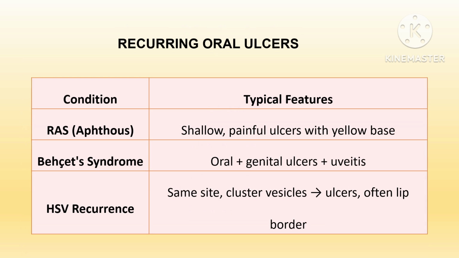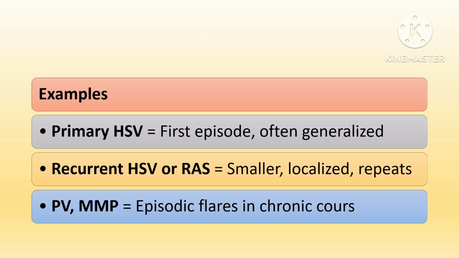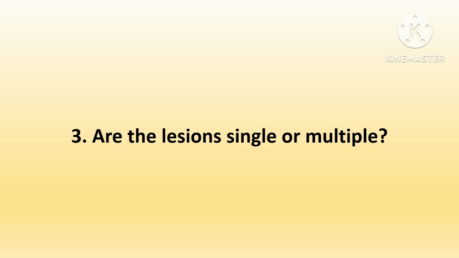And if the lesions come and go over several months in a waxing and waning pattern, then you should think about episodic autoimmune diseases like pemphigus vulgaris, where the blisters may rupture and heal repeatedly. This question is especially helpful in distinguishing between isolated infections and chronic immunological disorders.